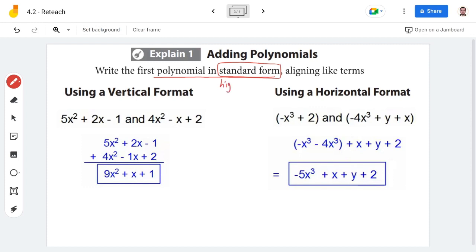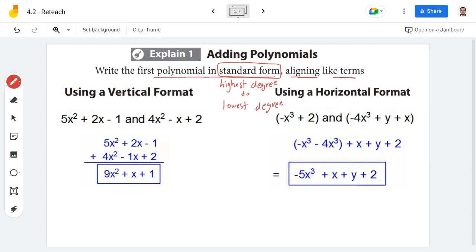If you remember, it's from the highest degree to the lowest degree. You need to rewrite your polynomial from the highest degree to the lowest degree if it's not in standard form. Then you align the like terms, then you start adding them.